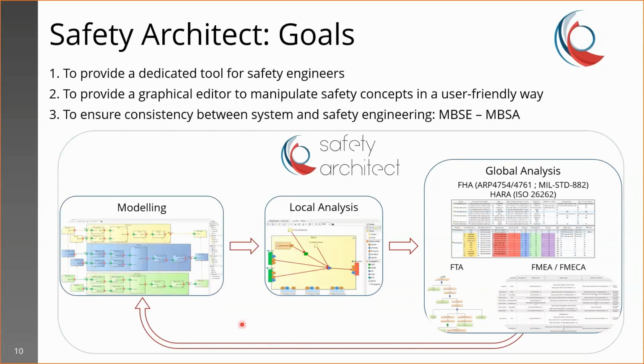The loop indicates that this process is iterative, because when the results of the safety analysis don't meet the safety objective, safety mechanisms must be added in the system architecture to improve the safety of the system.